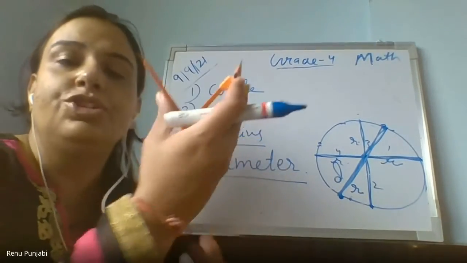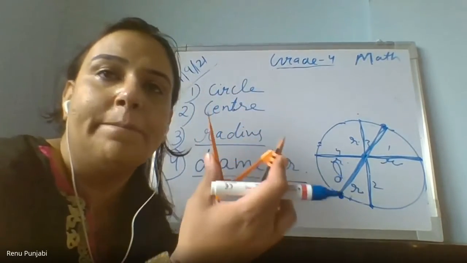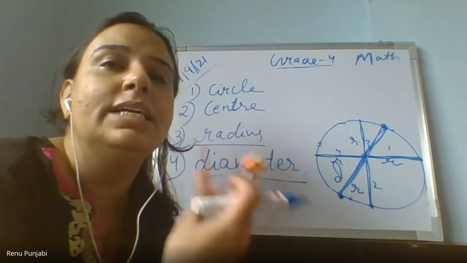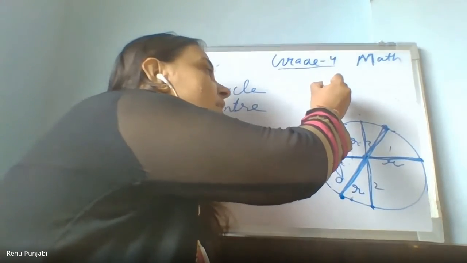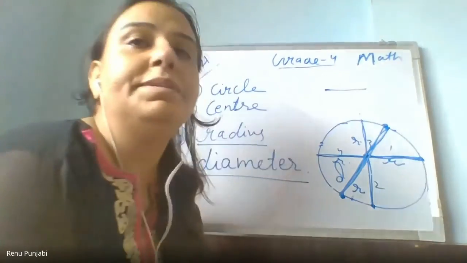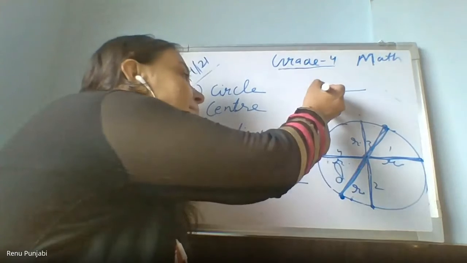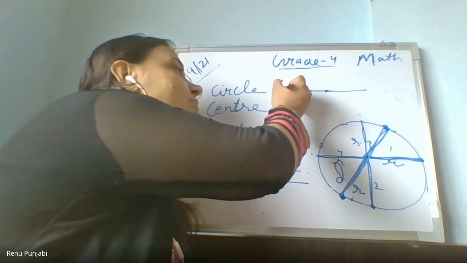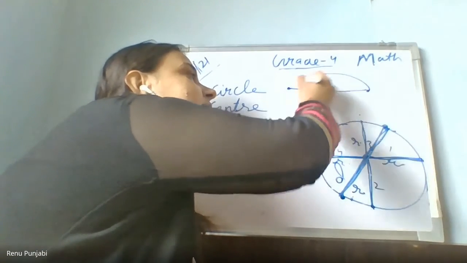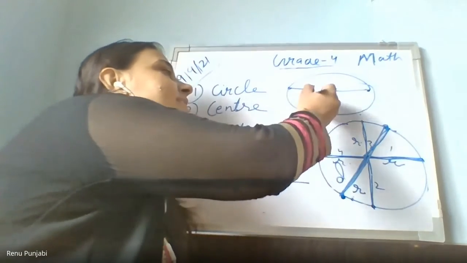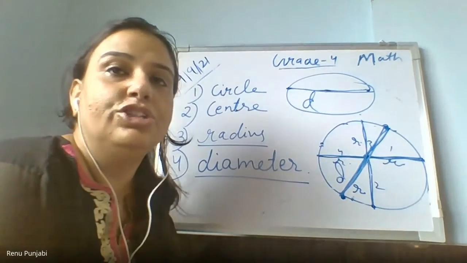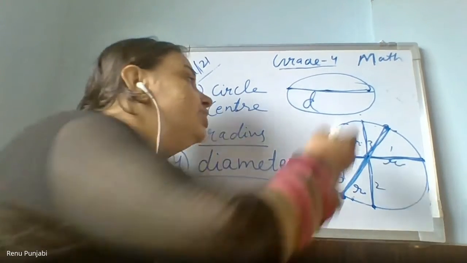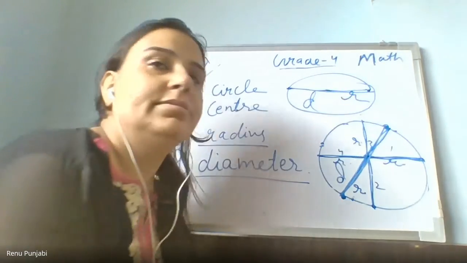The distance which you are taking with your compass is the radius of the circle. From the center, when you draw one line, that will be the radius. And the double of this, the complete line with both endpoints touching the boundary of the circle, will be a diameter. The short form of diameter is D. The short form of radius is R.